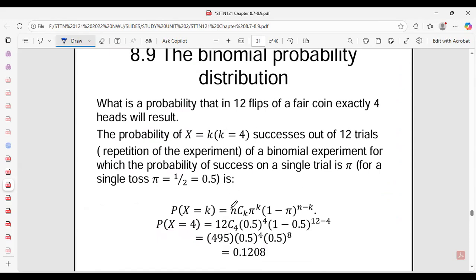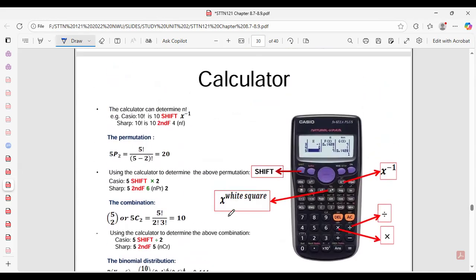Okay. This question, let's look at this one. What is the probability that in 12 flips of a fair coin, exactly 4 heads will result? So the probability of x is equal to 4 because it's exactly. When they say exactly a certain number, 2, 4, 5, you use the equal sign. 12 is n, and then combination, because I've shown you guys the formula.